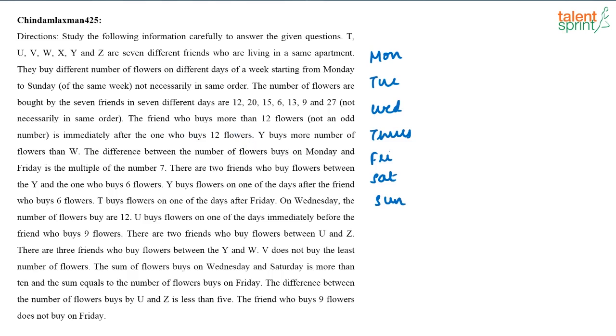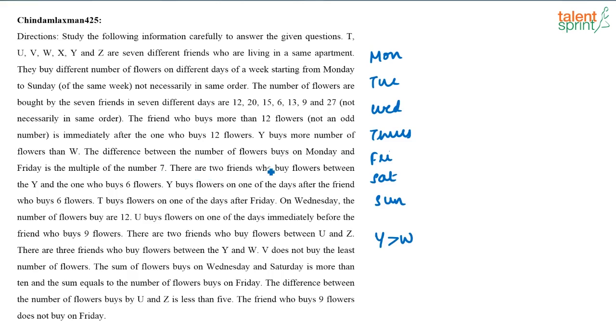Now I am just going to keep reading, and as and when I am able to place something, I will place it in this table that I am trying to form. Y buys more flowers than W. I am just going to note it here. The difference between the number of flowers that the person buys on Monday and Friday is a multiple of 7.